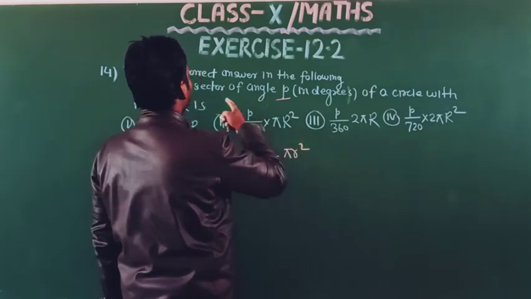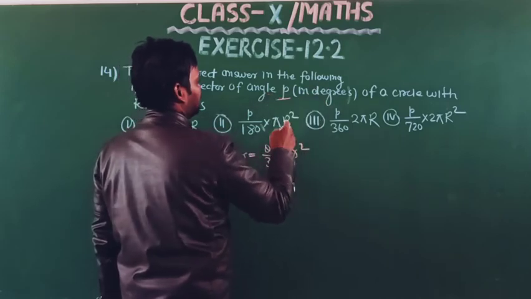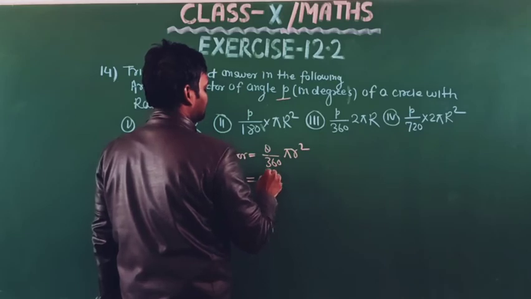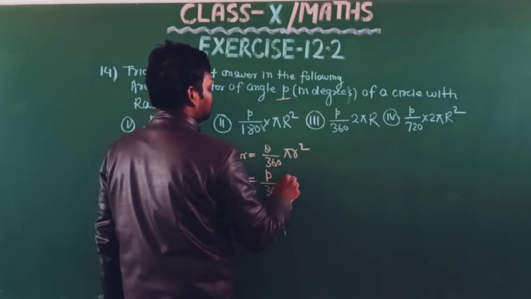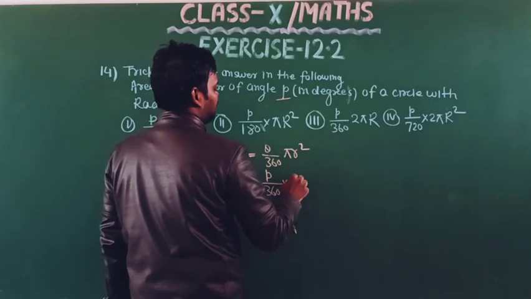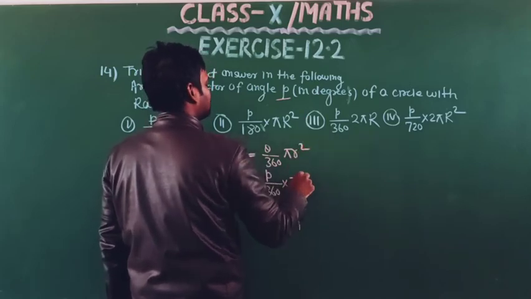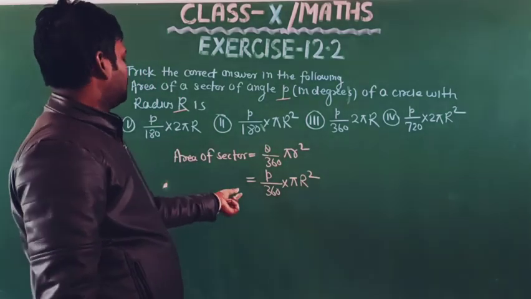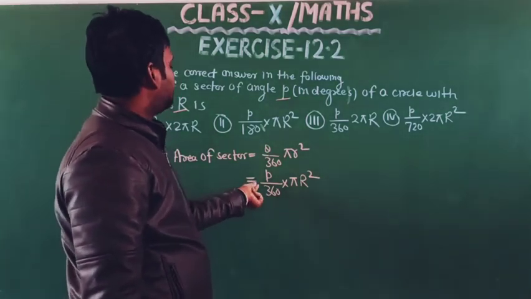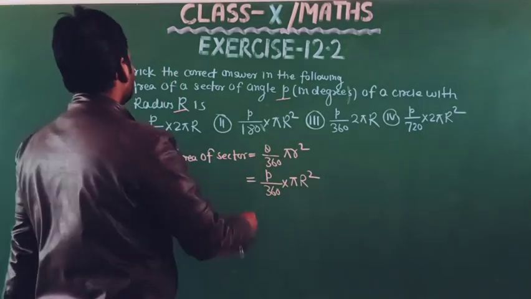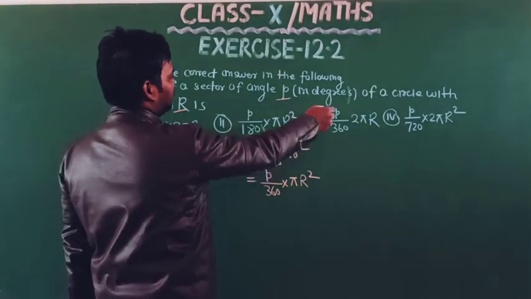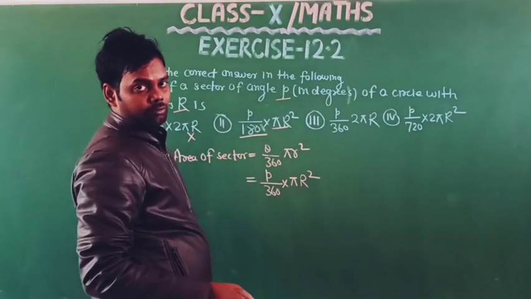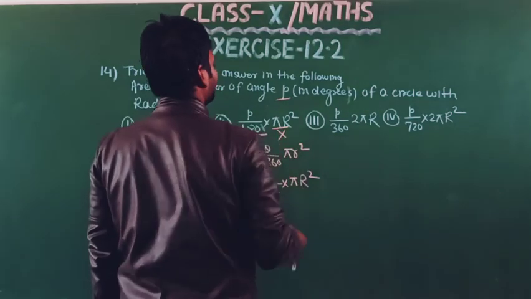Here the central angle is P, so theta is replaced by P upon 360 into pi, and the radius is replaced by capital R square. So check which is the same as P upon 360 pi R square. This is not here. Here P and pi R square are the same, but in the denominator we have 180 degrees, so this is not correct.